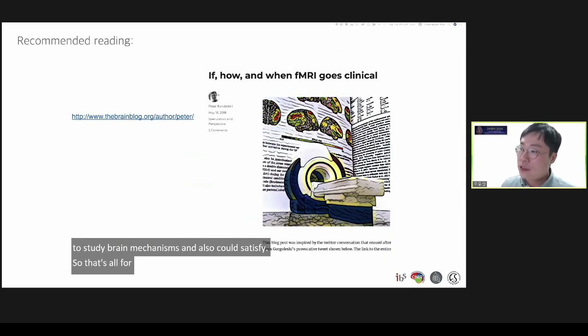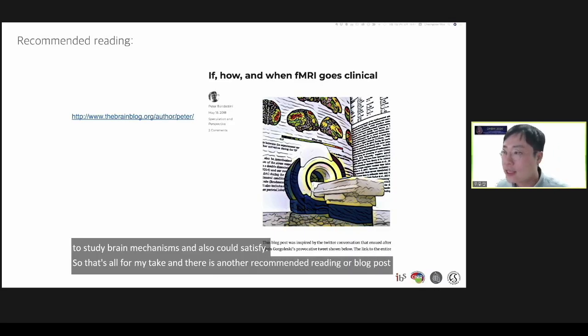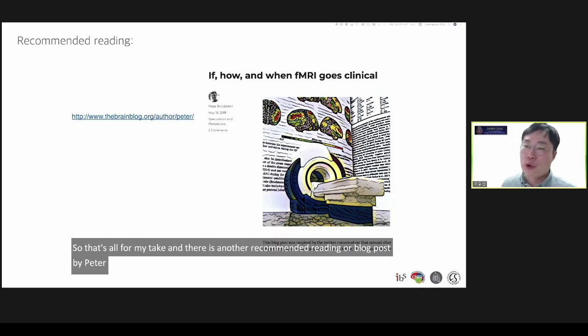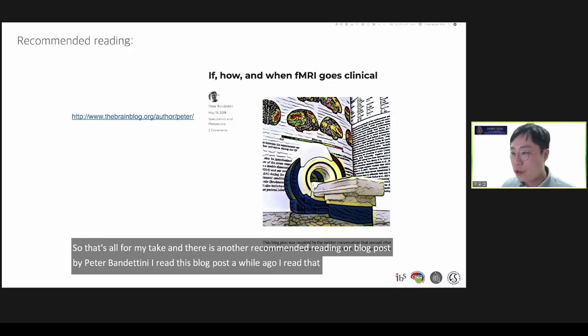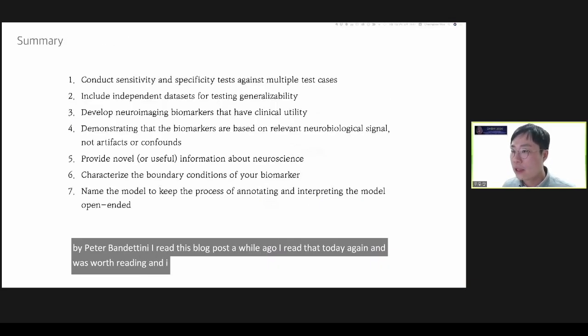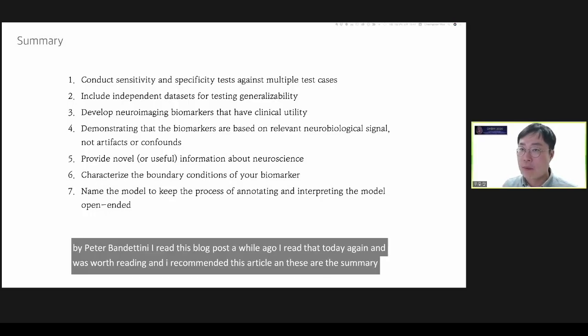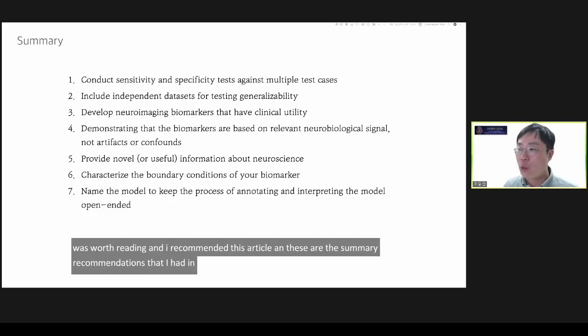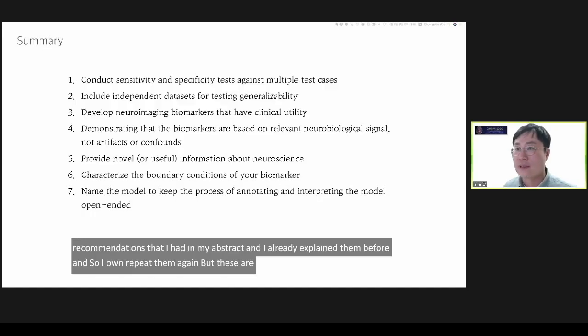There is also a recommended reading, a blog post by Peter Bandettini. I read it a while ago and read it again today, and it was worth reading. I recommend this article. These are the summary recommendations that I had in my abstract, and I already explained them before, so I won't repeat them, but they are nice summary recommendations.